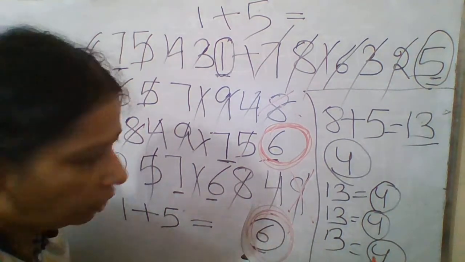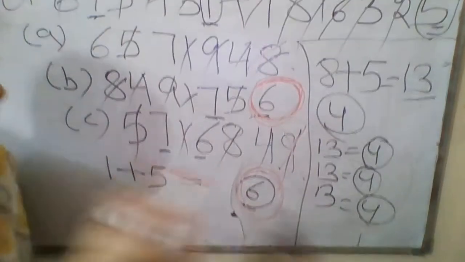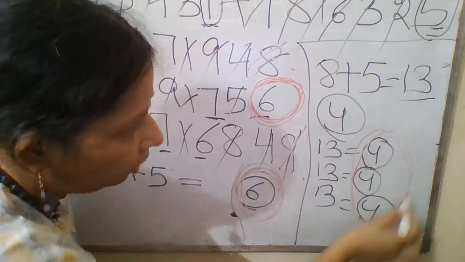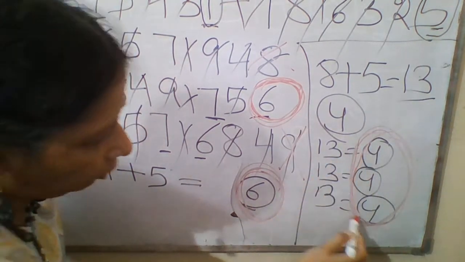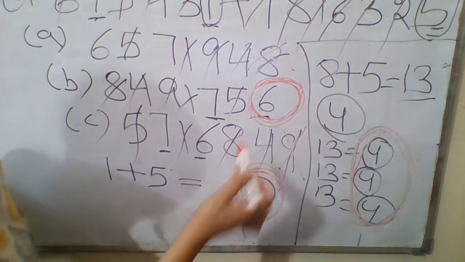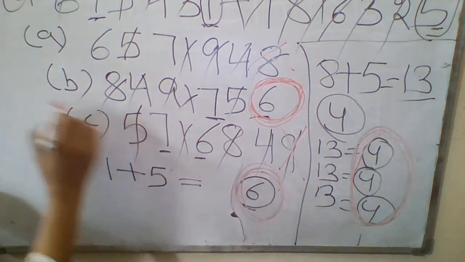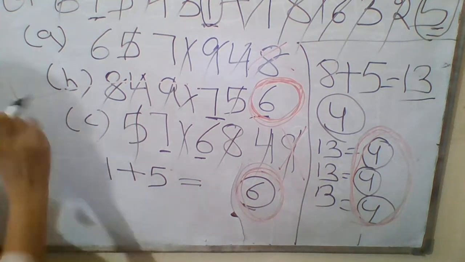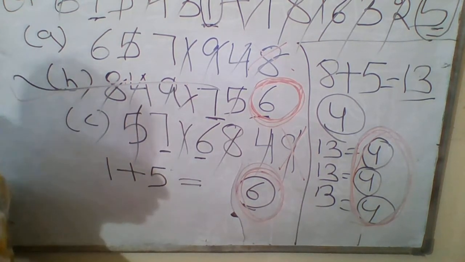Because all the digital roots in the options are the same. When all the options are the same, you have to check the unit digit method. So your correct option is this only. B is your correct option.